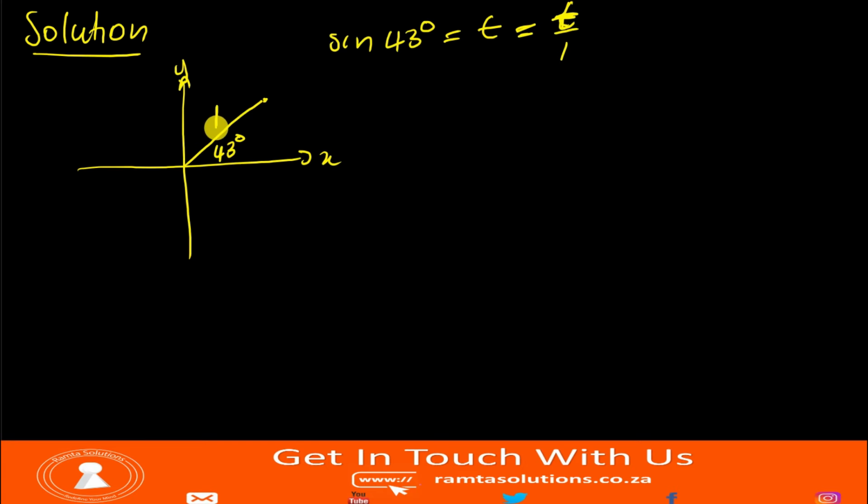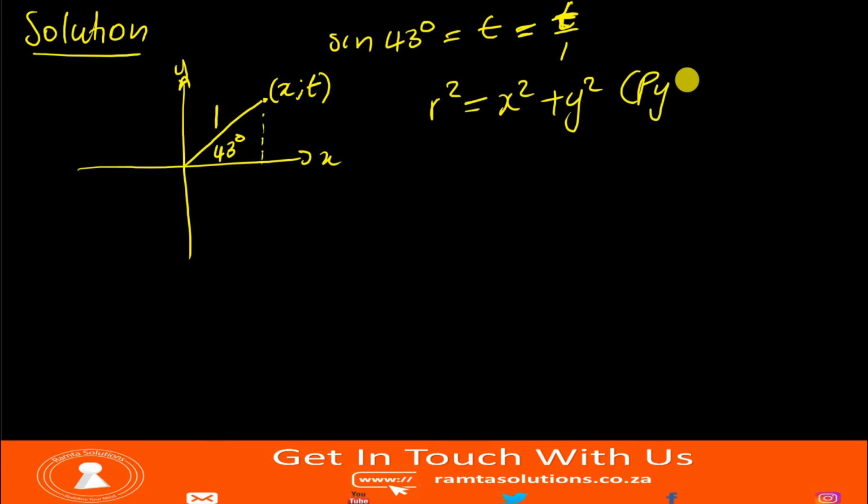So this is 1, and because it's opposite, it means we don't know what the x value is, but we know the y value is t. So we need to find the value of x. So we will say r squared equals x squared plus y squared. Of course, this is Pythagoras theorem.